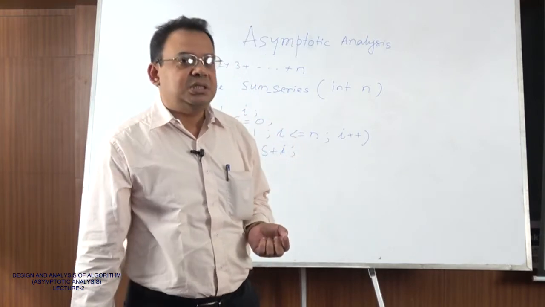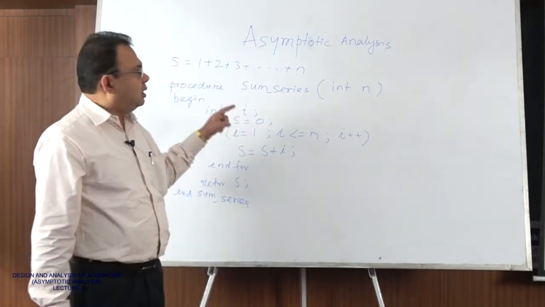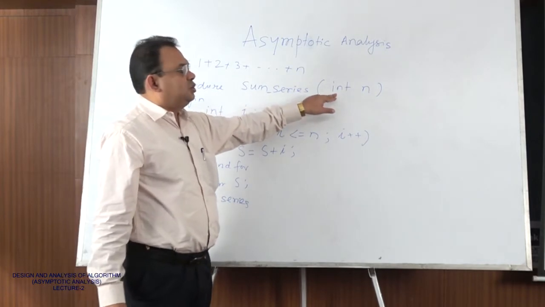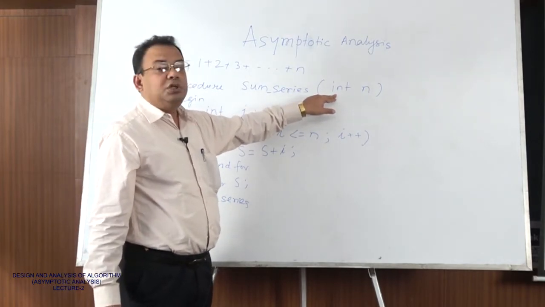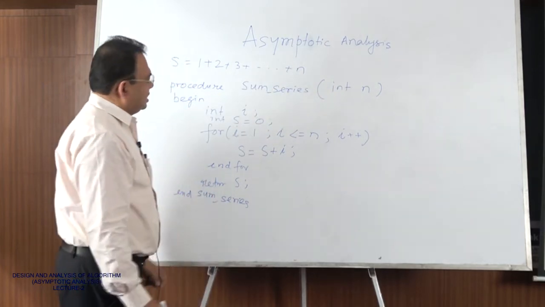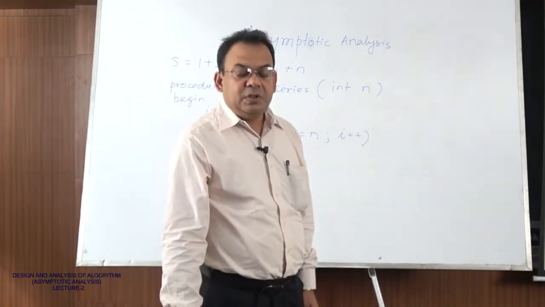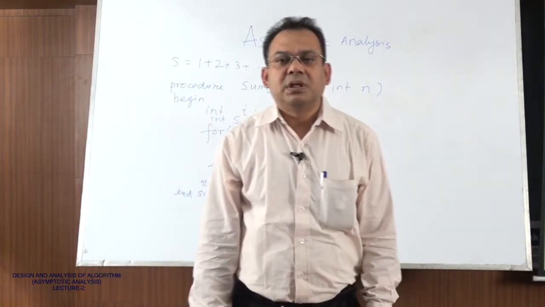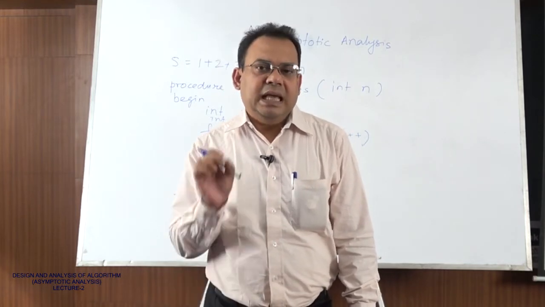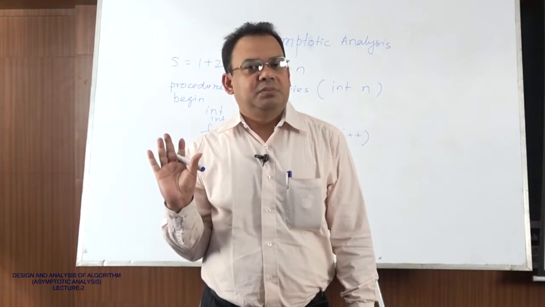So we are not interested in the exact time, but we want to find how much time it will take in terms of the input parameters, expressed in asymptotic notations. For this purpose we need to calculate how many basic steps are required, because we will consider that each basic step requires 1 unit of time.